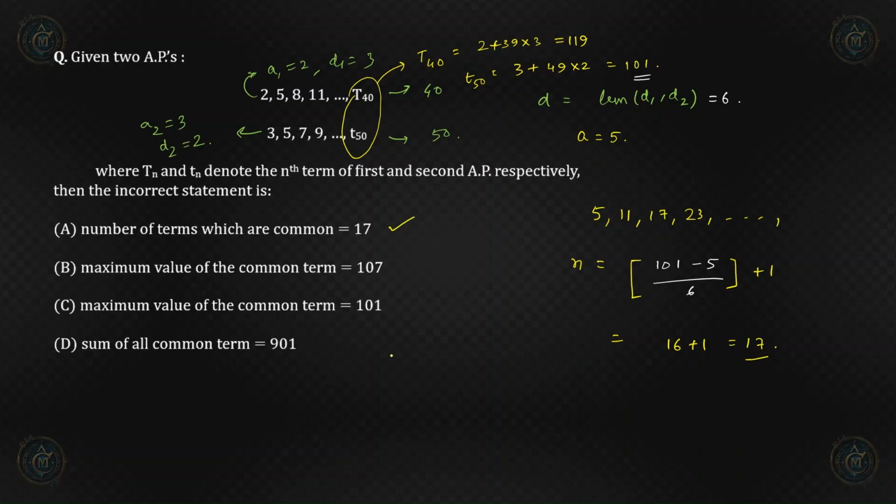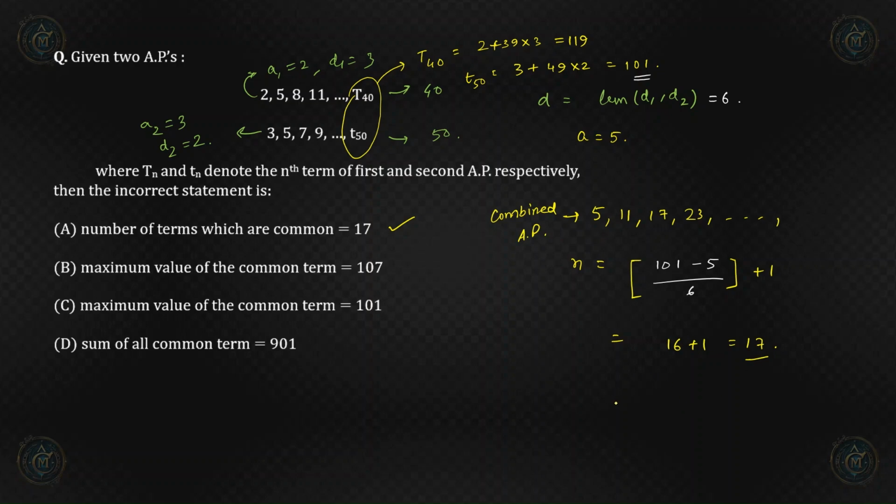This is correct. Now let us check options B, C and D. Okay. So we can calculate directly the sum of all common terms. Sum of all common terms will be what? Sum of this combined AP. This is our combined AP. This combined AP we have to sum up to 17 terms, right?